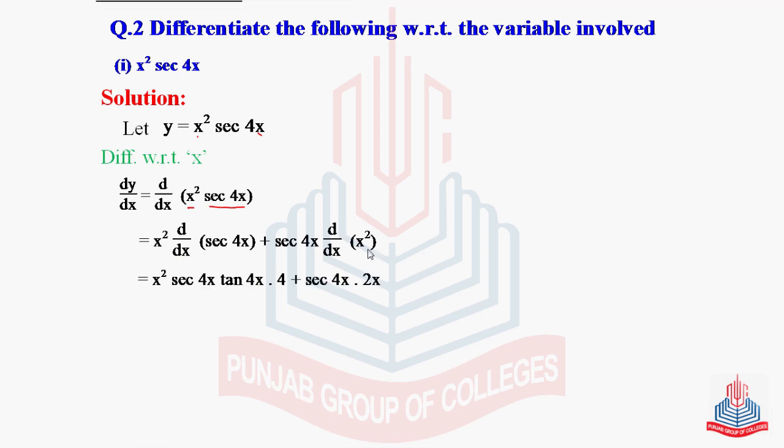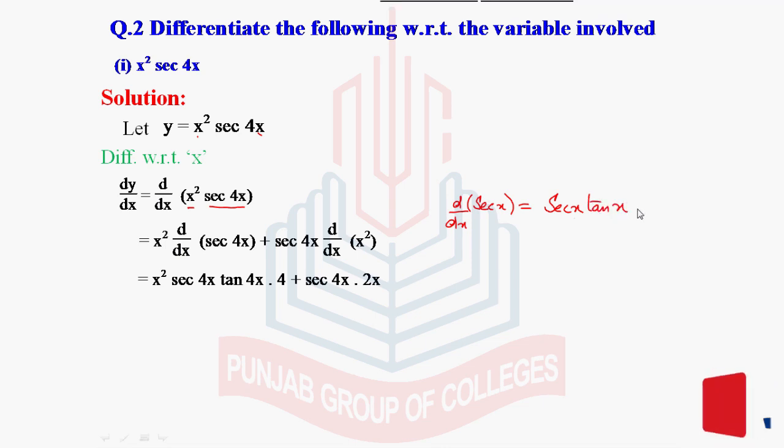Now this x square will be as it is, and when we apply differentiation on secant 4x, the formula is: the derivative of secant x is secant x into tan x. So this is the basic formula for differentiation of secant x.